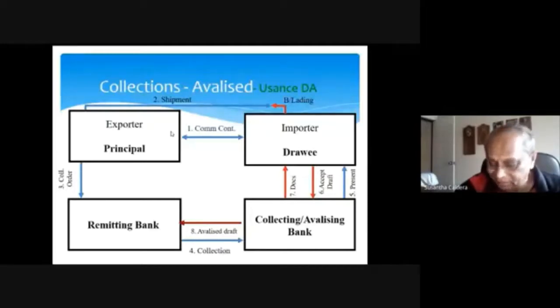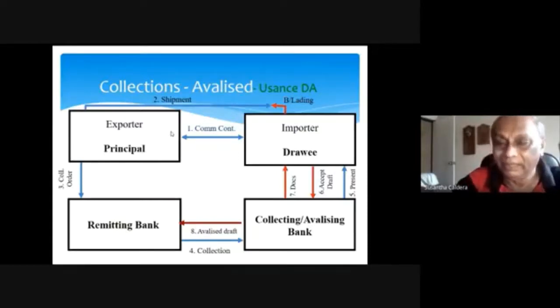We say, avalize to pay on 31st December. We write the date. And it is a guarantee by a bank, an irrevocable guarantee.